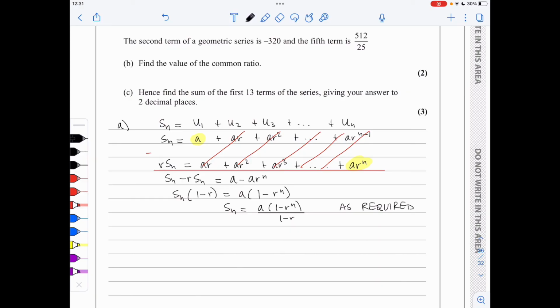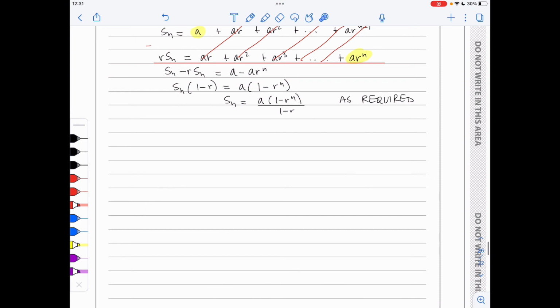And then we're being told that the second term of a geometric series is minus 320, and the fifth term is 512 over 25, and we need to find the value of the common ratio. I will start by writing out that the second term is minus 320, which is ar, and the fifth term is 512 over 25, which is ar to the 4.